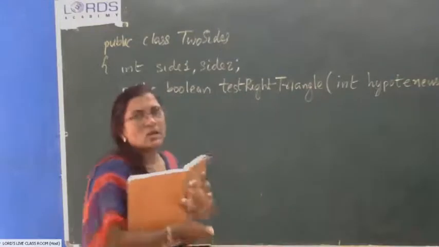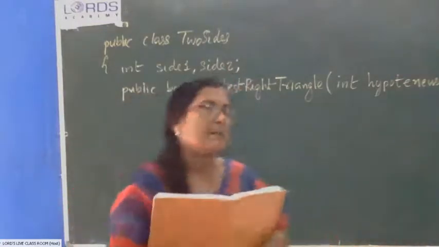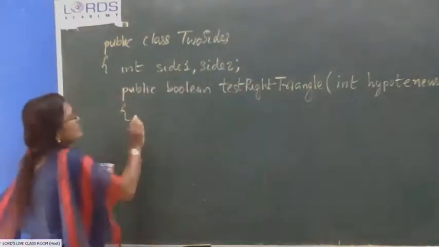Now you are passing only the value of hypotenuse to the method. Am I right? This is a method.